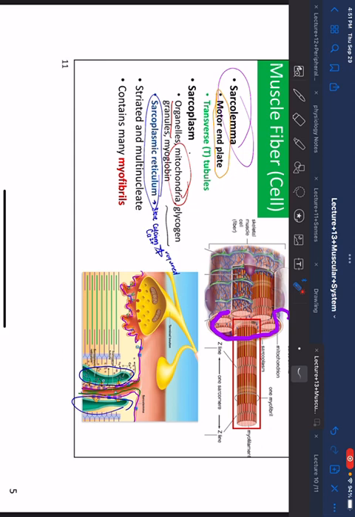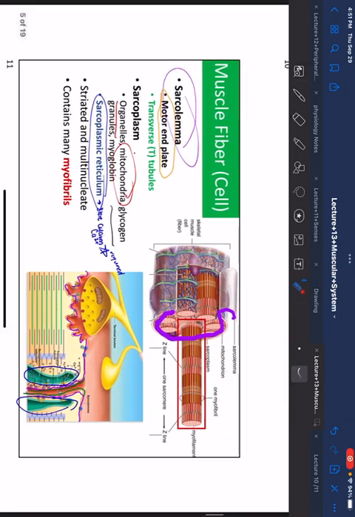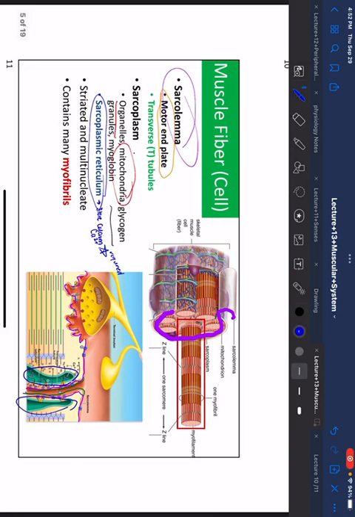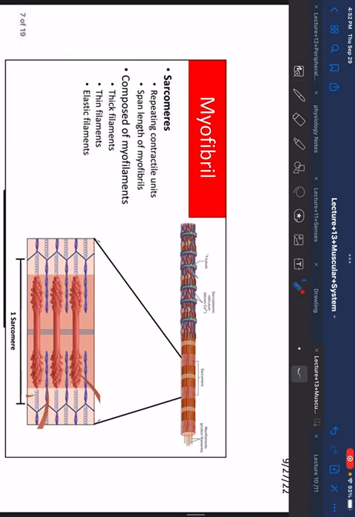So the next thing we're going to do is look at the anatomy of the myofibrils a little more closely. This is where most of the work happens to allow for muscle contraction and muscle relaxation. Okay, so we're going to pull one of these myofibrils out, which is seen right here, and look at its anatomy or structure.